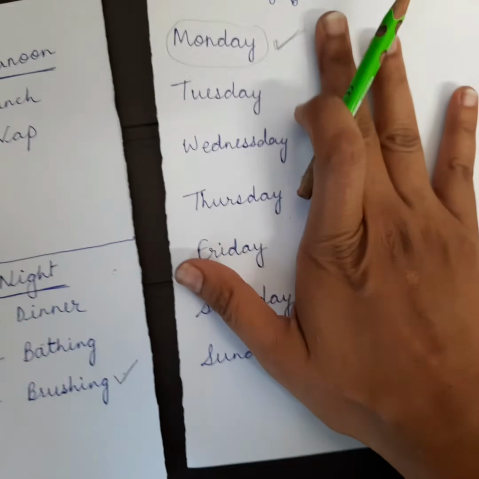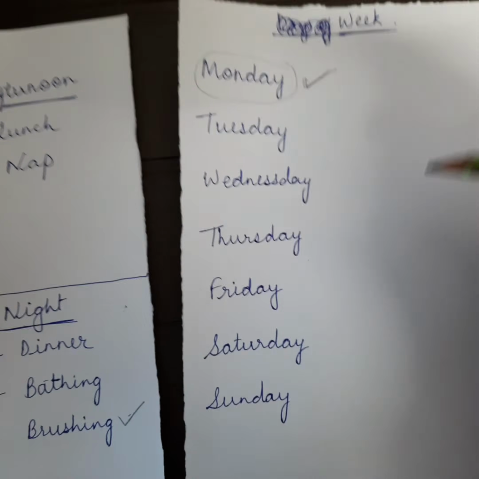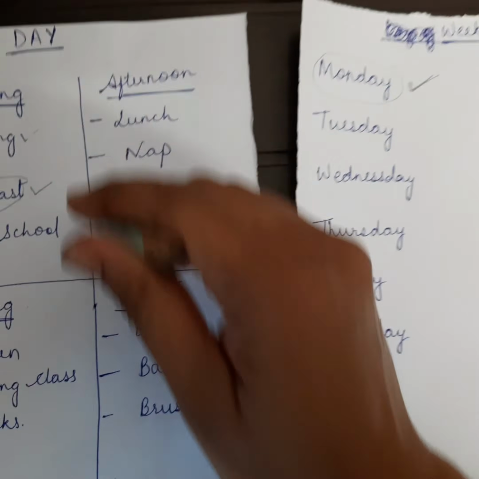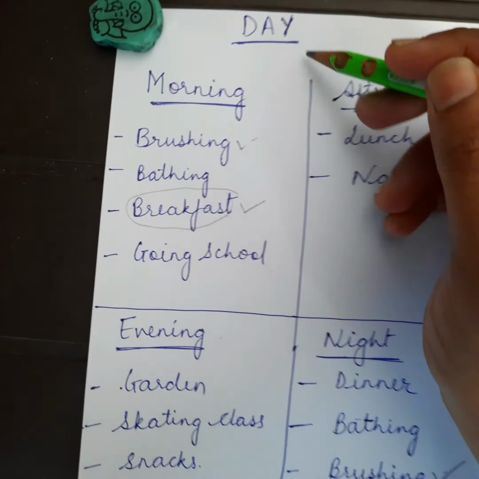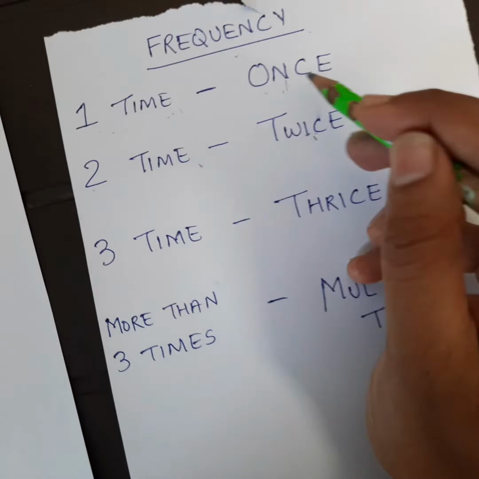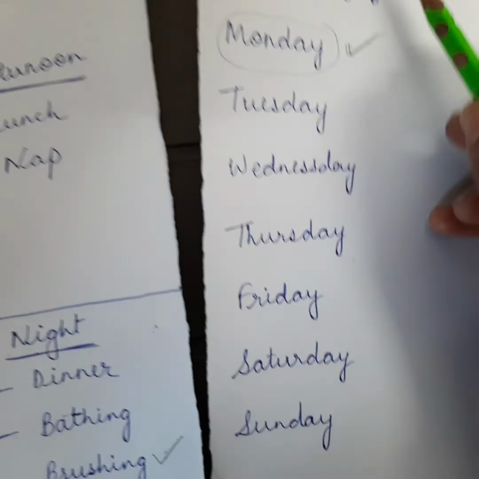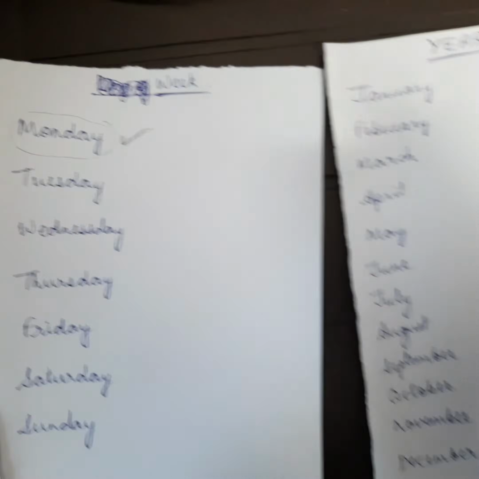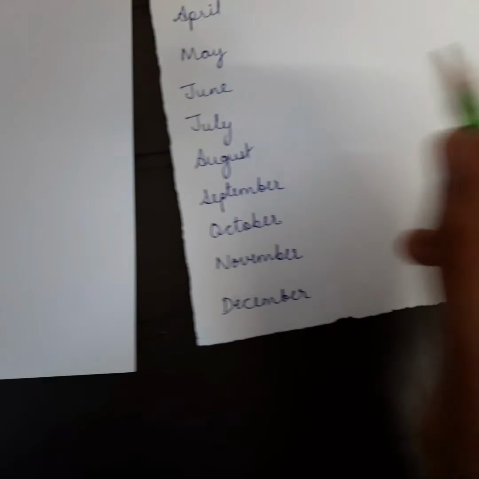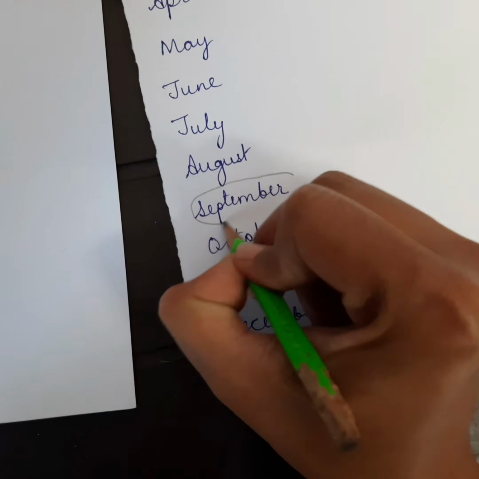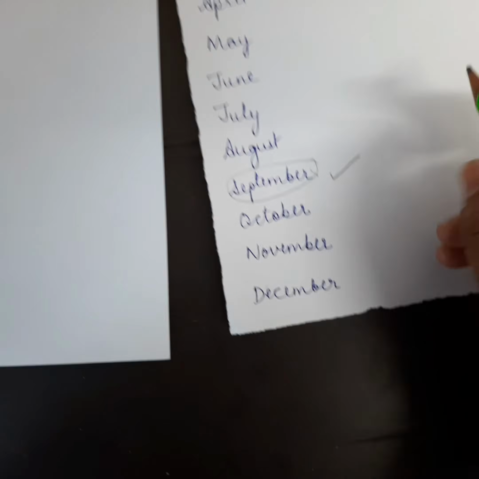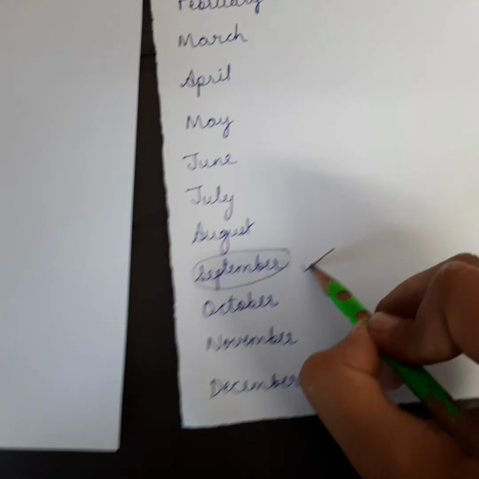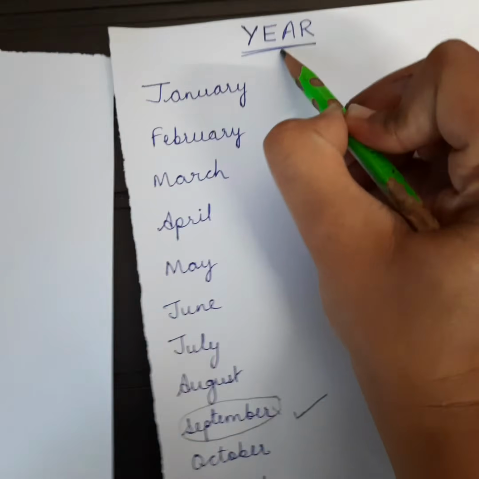For breakfast he tick marked the day sheet, so he'll refer to once in a day. Monday comes once in a week. How often does Mama's birthday come? He knows Mama's birthday comes in September, so he'll circle it, and he'll come up with once in a year, right?